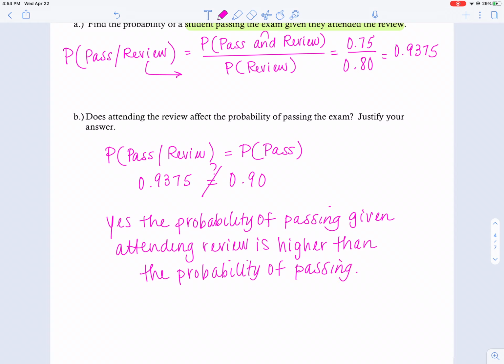So clearly the review helped to pass. A higher percentage passed given that they took the review.